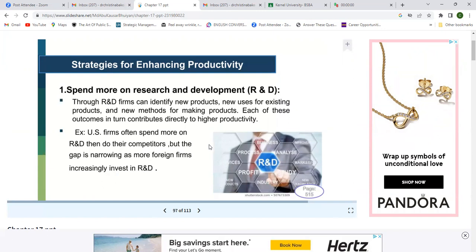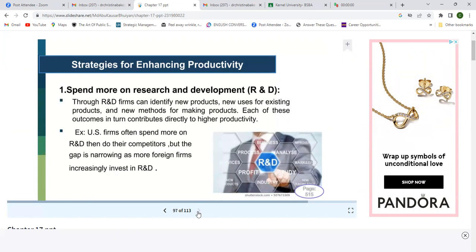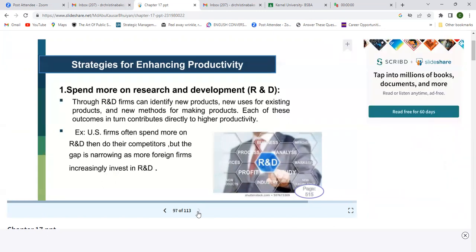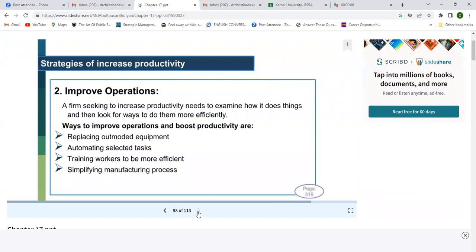Each of these outcomes in turn contributes directly to higher productivity. U.S. firms can spend more on R&D than their competitors. Improve operations. A firm seeking to increase productivity needs to examine how to do things more effectively.